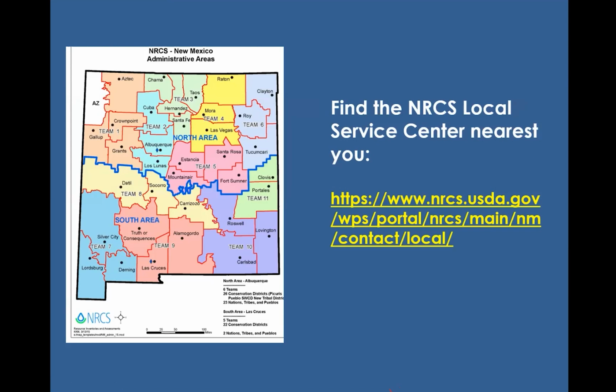Those are the folks you will be working with on developing these conservation plans or CTA. It'd be at that local level with those field offices. And as you can see here on this map, that's if you're within driving distance. And that's not to say that if you're in a place like Cuba, but you live in Albuquerque, you can always go to the Albuquerque field office and get that process started on getting some of that information. But that's kind of how our state is structured as far as providing that technical assistance for CTA in New Mexico.